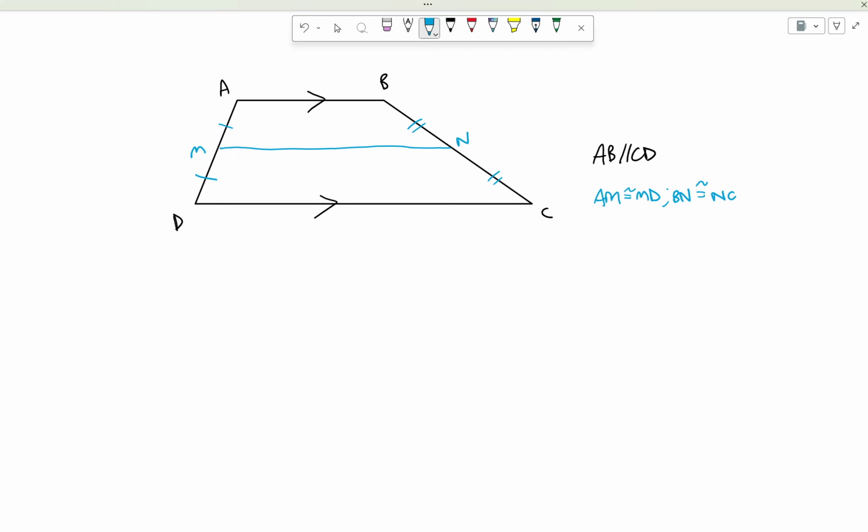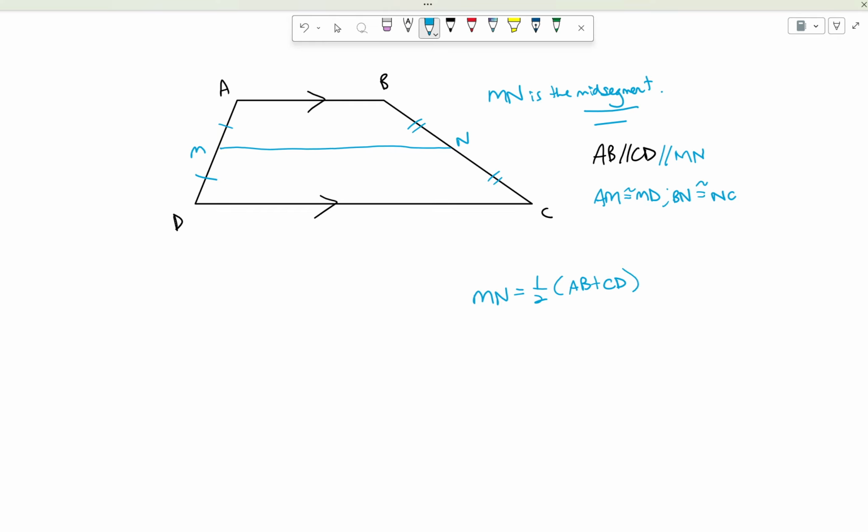So one other factor here is that this is what's called the mid-segment. The mid-segment is also going to additionally be parallel to those lines. Moreover, that line's length is equal to the average of those two bases, so 1/2 of AB plus CD.